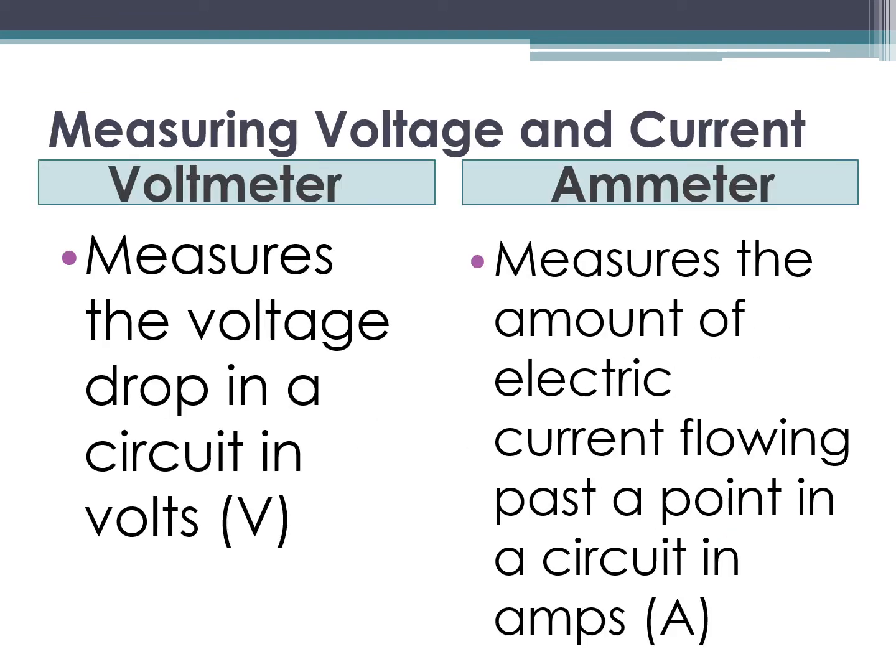Now, measuring voltage and current in circuits is a little bit different. We use two different types of equipment. A voltmeter measures voltage in a circuit, and an ammeter measures the current that flows in a circuit. And the way that we wire them in circuits is also a little bit different.